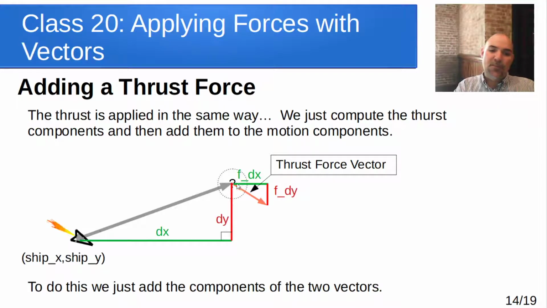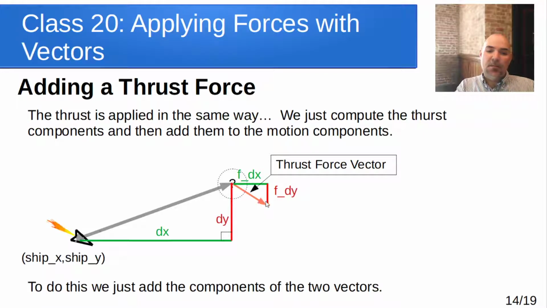And then you'll notice we have this force vector that we had here earlier, and it has its own dx and its own dy, which we're going to call f dx and f dy. And since the force, that's going to be in the direction the force is being applied for the thrust force, which is the direction that the ship is facing. So the ship is moving in one direction, that's having a force applied in the direction it's facing or heading in the other direction.